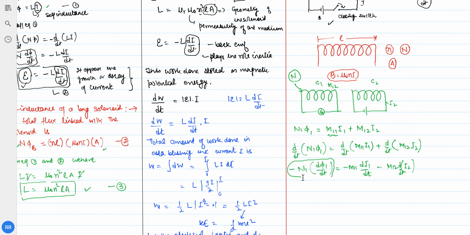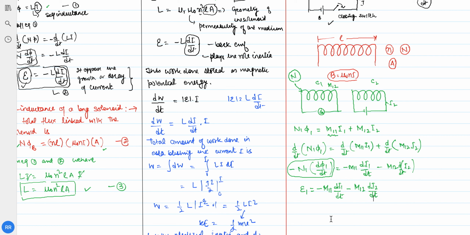This is the EMF in the first coil. So I can write the EMF in the first coil as equal to minus M11, the coefficient of self-induction in the first coil, times di1/dt, minus M12, the coefficient of mutual induction in the first coil because of the current in the second coil, times di2/dt.